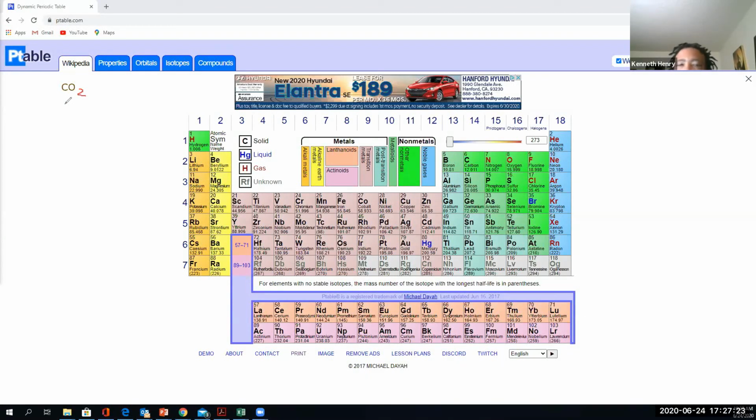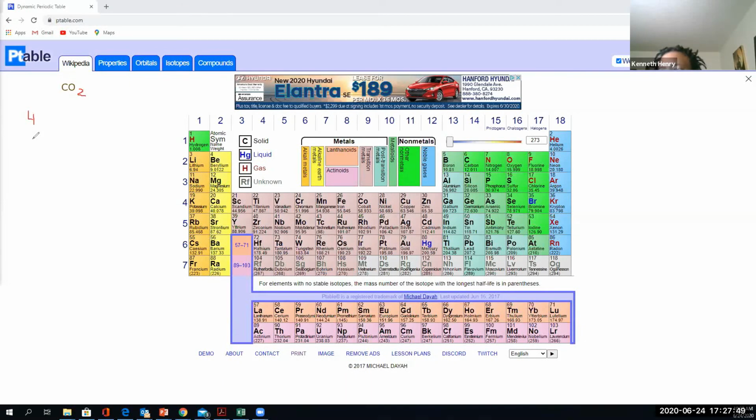So first off, carbon likes to be in the middle. Remember, carbon likes to be the center of attention, so in most cases it will be the center atom, okay? How many valence electrons does carbon have? Carbon has 4.